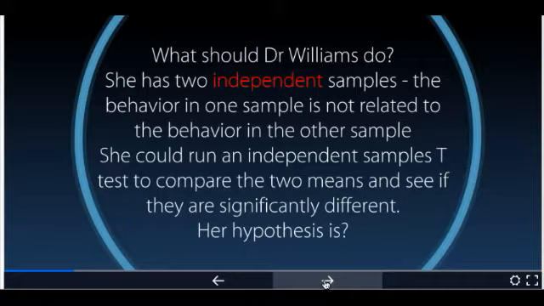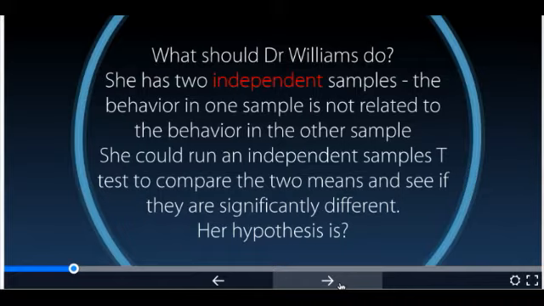Right? So let's relate this back to designing a hypothesis around this. What would her hypothesis be? You might stop this video for a second and try to come up with your hypothesis. And the answer is: is there a significant difference between ketamine and Prozac in depression scores, or happiness scores, as this might be phrased?